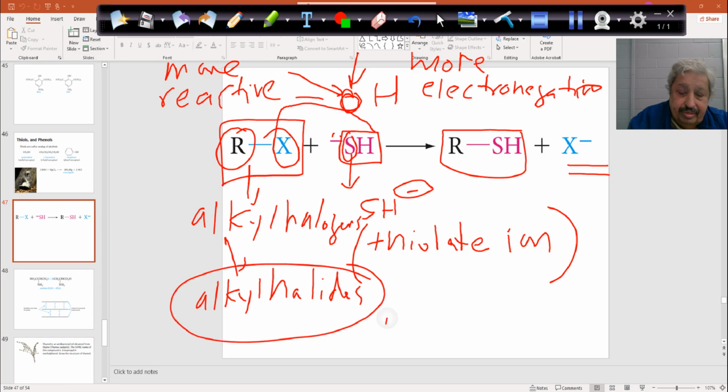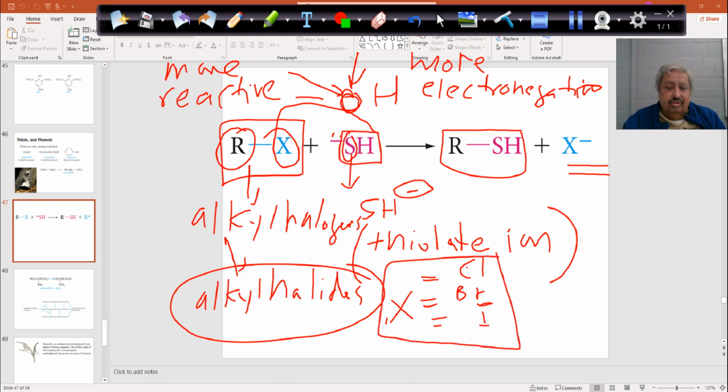And X can be bromine, chlorine, or iodine, those three. Fluorine is not stable because it's the most electronegative. So X can be one of those three: chlorine, bromine, iodine, meaning the iodide, the bromide, the chloride.